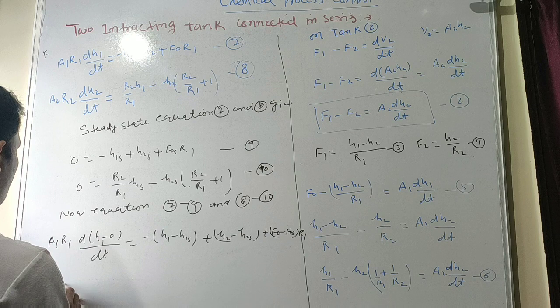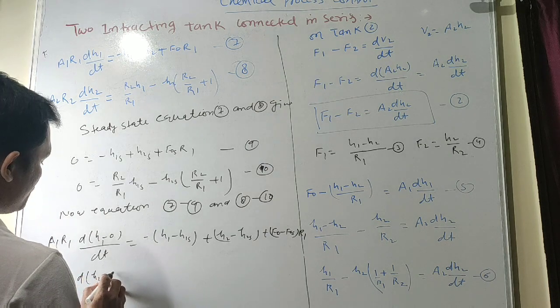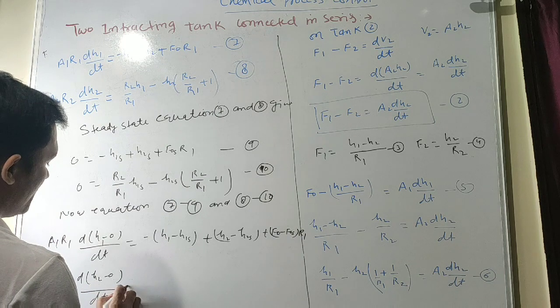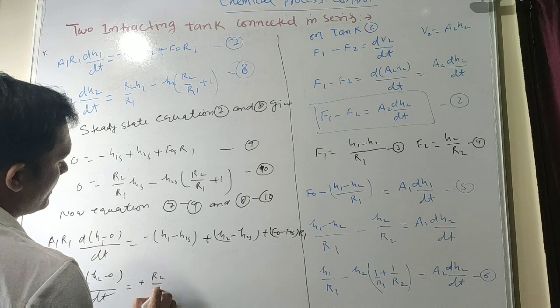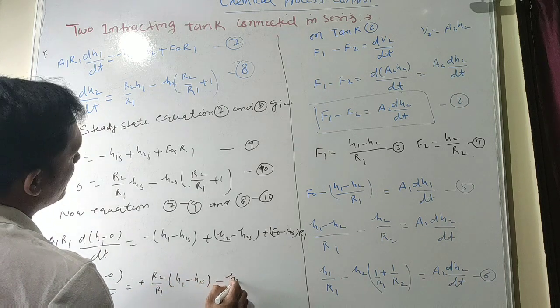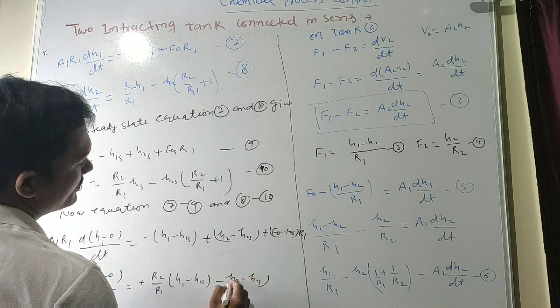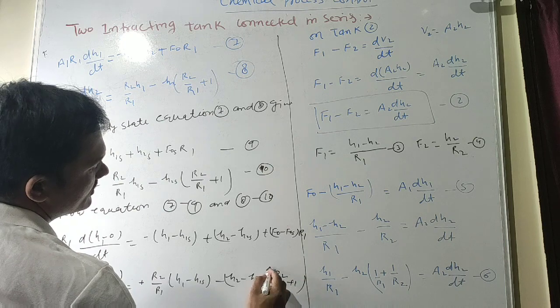Similarly, for the second case, A2 R2 dH2 minus 0 upon dt equal to R2 upon R1 H1 minus H1s minus H2 minus H2s R2 upon R1 plus 1.